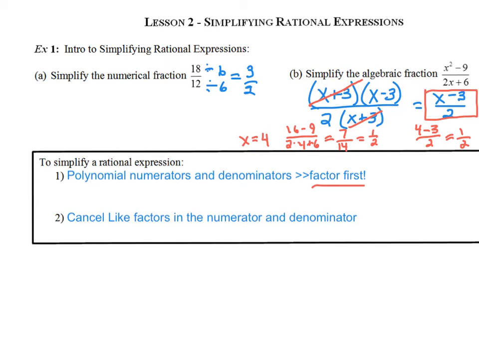If I have a monomial in the numerator and or the denominator, then I don't do any factoring. In step 2, I'm going to cancel any factors that are alike in the numerator and the denominator. And as you saw in example B above, I can always try a value of x and be sure that when I substitute the value of x into the original and into the newly simplified fraction, I should have exactly the same value.